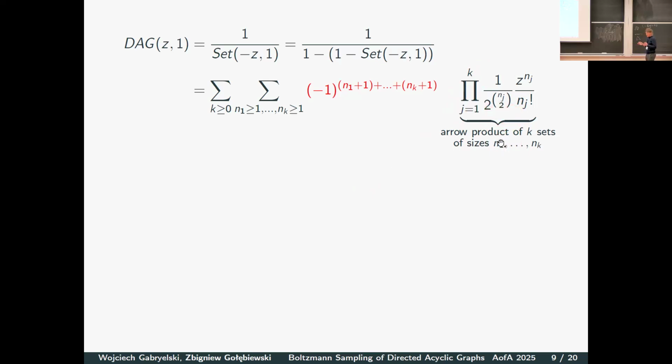This is nice because we got an arrow product Boltzmann sampler, but we can also see this -1 to some power in front of it, which usually means that we probably will have to deal with some inclusion-exclusion thing.